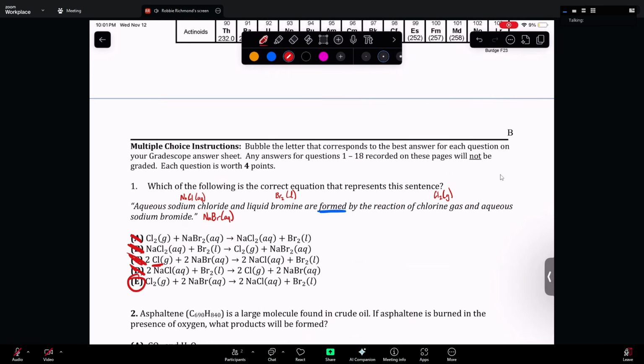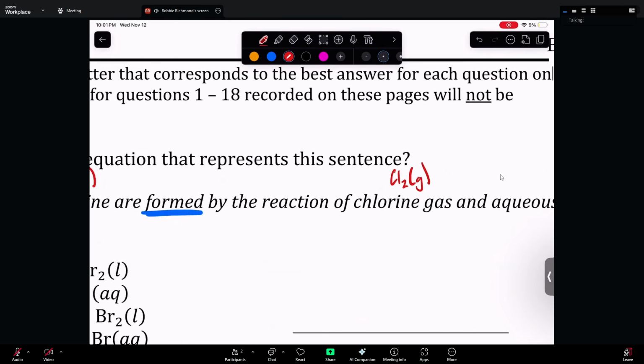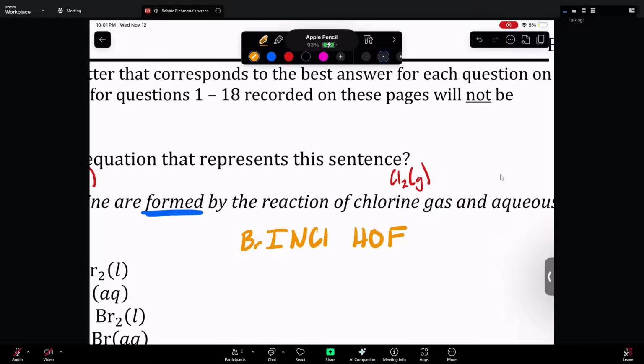So what is the lesson from this question? Remember our diatomic molecules. This is also something that you can write. I remember Brinkhoff. So these are all of our diatomic molecules, and their name is Brinkhoff: bromine, iodine, nitrogen, chlorine, hydrogen, oxygen, and fluorine.